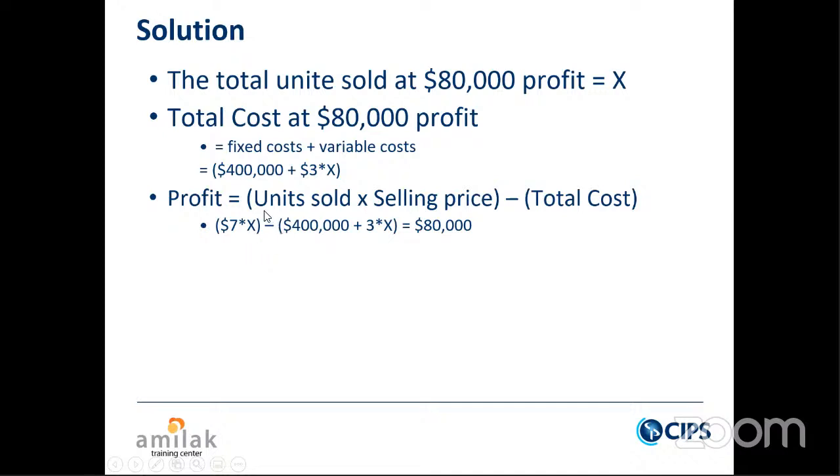It gives us the total revenue that we received. Then we subtract the costs. The fixed cost is 400,000 plus the variable cost, which will be 3 times X, must give us the profit, which is 80,000. Then what remains is we just solve for X and we'll find that X is 120 units.